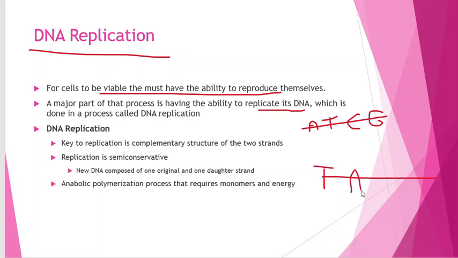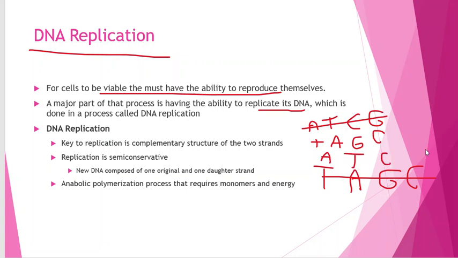But I can also do this if I want to make another copy. Instead of having RNA making an RNA copy of this, I can actually make a DNA copy. And of course the opposite on this guy.